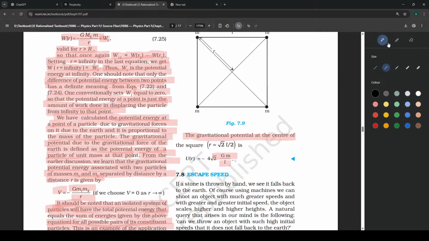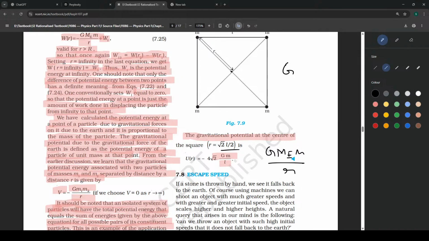Okay, what they did here is basically, the formula is G M_E m by r. r is root 2 L by 2 based on the Pythagoras theorem. We are not considering a mass at this point.